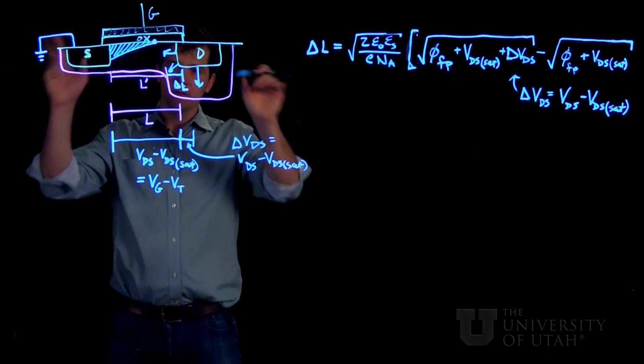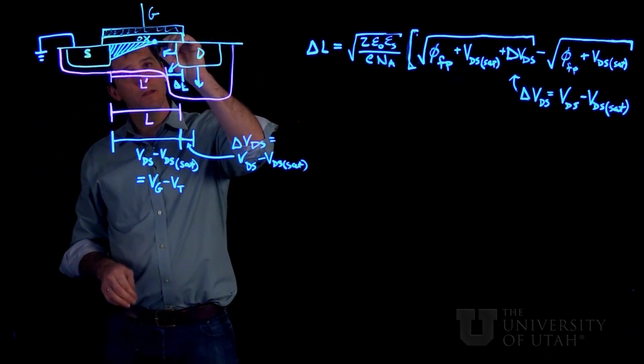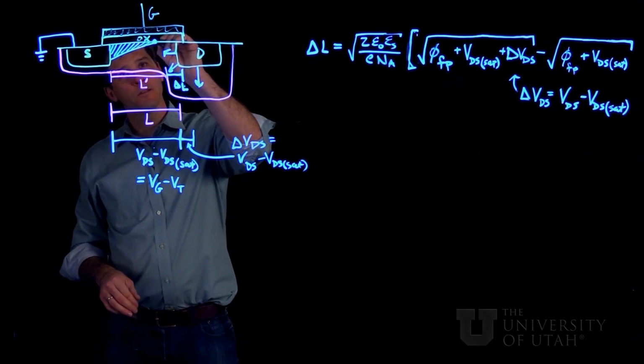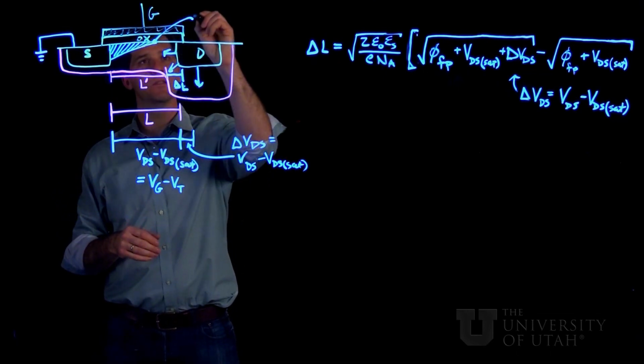So in this two-dimensional cross-section, the consequence is that the inversion charge will go to 0 at a certain point that's partway along the channel. So this is the pinch-off.